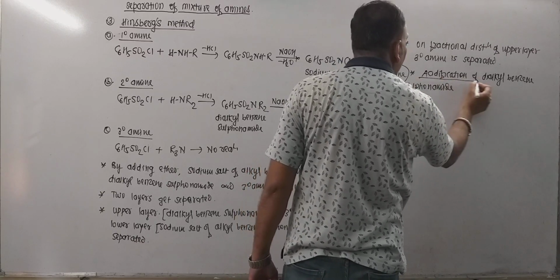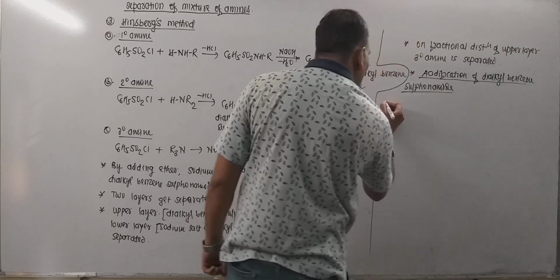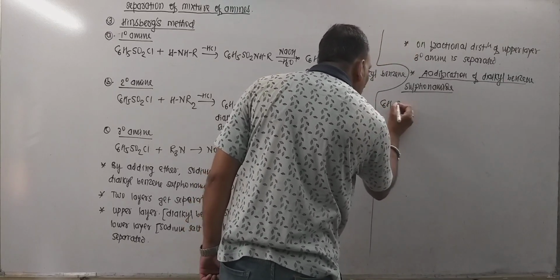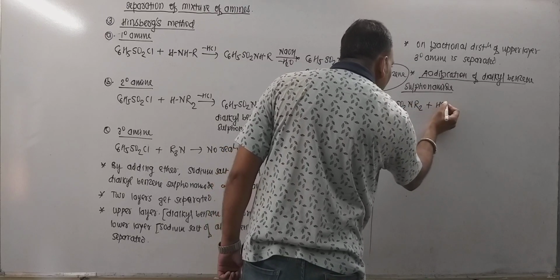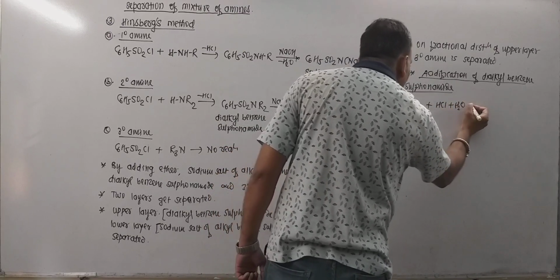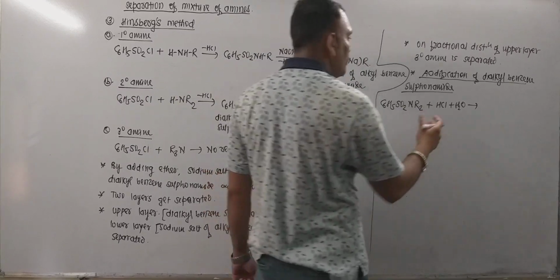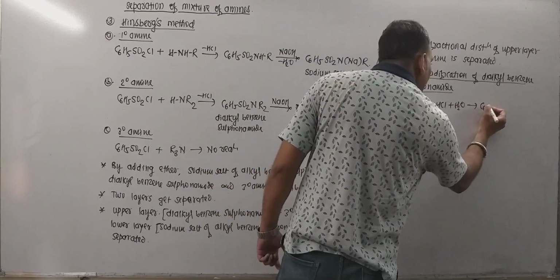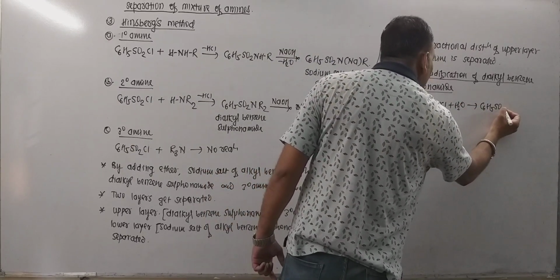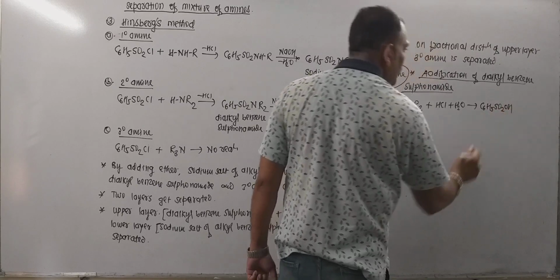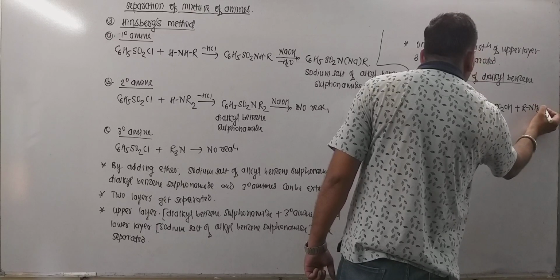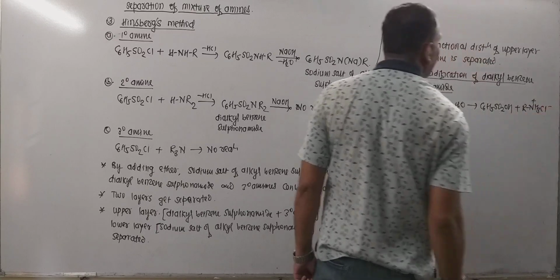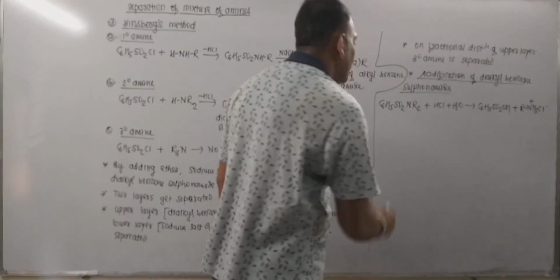It is to be treated with dilute HCl. Dilute HCl reacts with this, leading to the formation of C6H5SO2OH, benzene sulfonic acid, along with the dialkyl ammonium chloride.